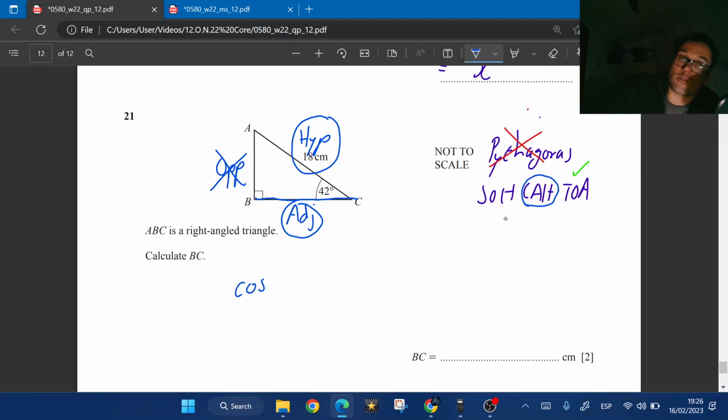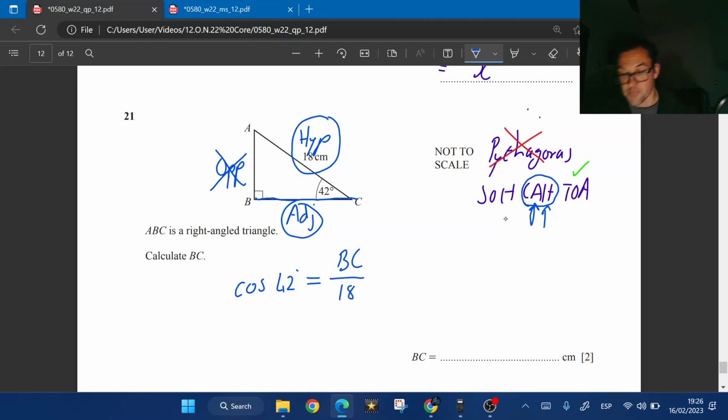C for cos, of course. So you always write the ratio, cos, first. Then you write the angle, always. Equals, always. And then we see adjacent is first, so that goes at the top. In this case, adjacent is the line BC, divided by the hypotenuse, which they gave us as 18.